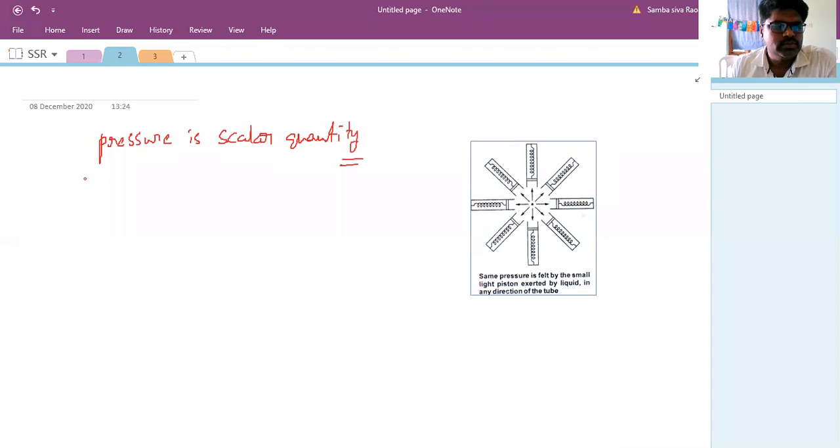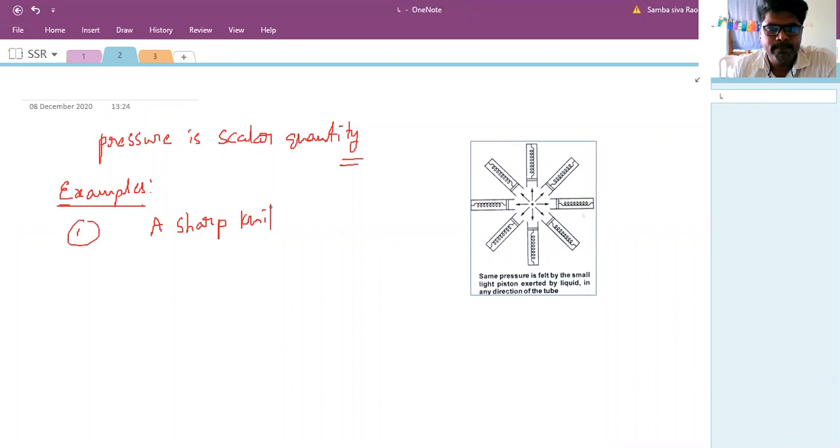Next, let us see some examples to understand pressure in more detail. Example 1: a sharp blade or sharp knife is more effective in cutting anything, like cutting vegetables or any object, than a blunt knife or blade.